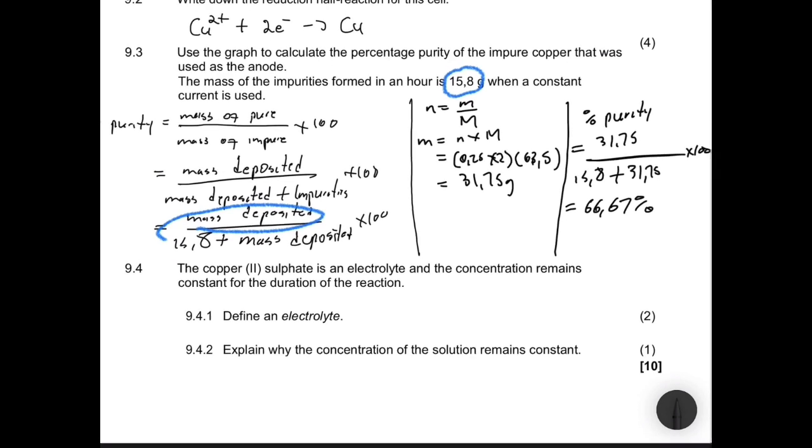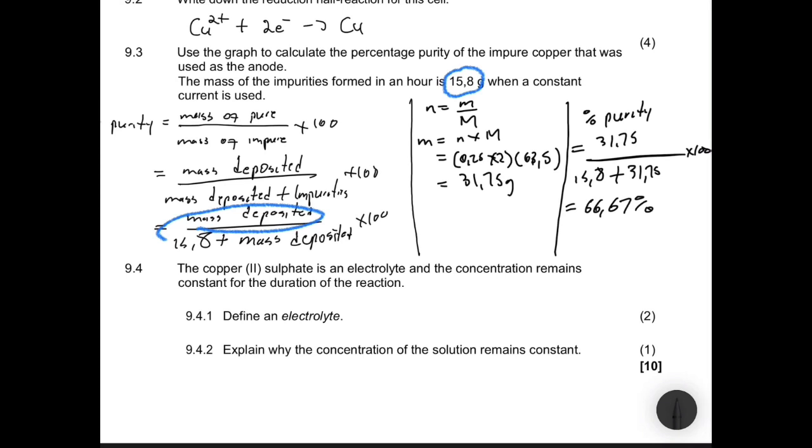9.4 says the copper sulfate is an electrolyte and the concentration remains constant for the duration of the reaction. 9.4.1, define an electrolyte. An electrolyte is a solution that conducts electricity through the movement of ions.